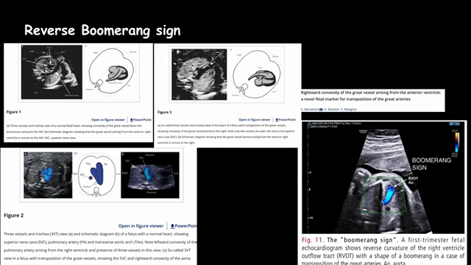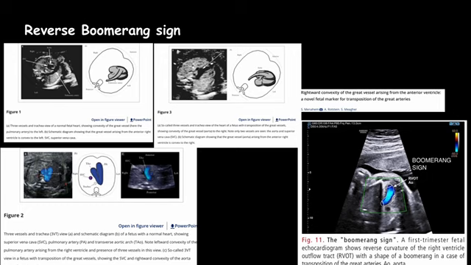So to compare both, in figure 2 we can see the normal three vessel trachea view and also the three vessel trachea view in d-TGA. When you observe the convexity of the curvature of the pulmonary artery in a normal fetus, it is towards the left, whereas the convexity of the curvature of the aorta in d-TGA is towards the right.